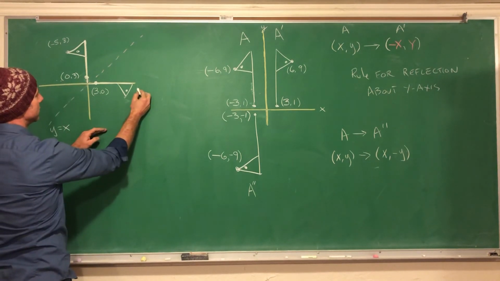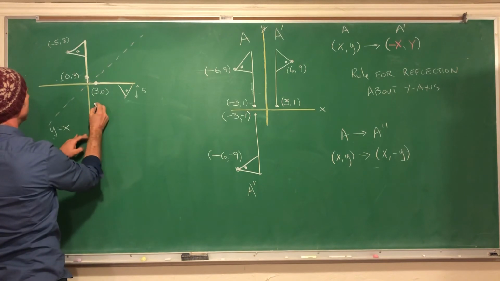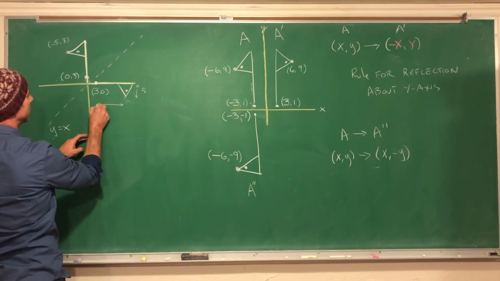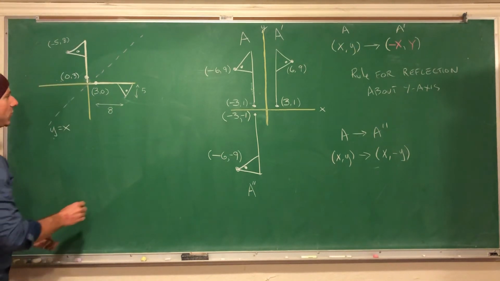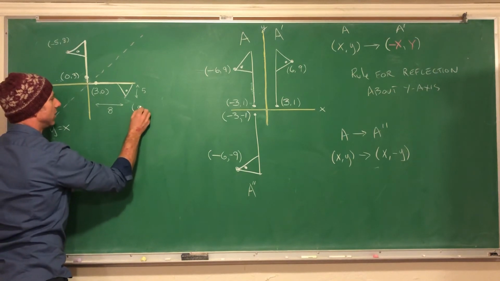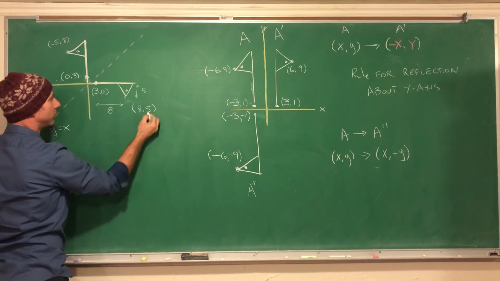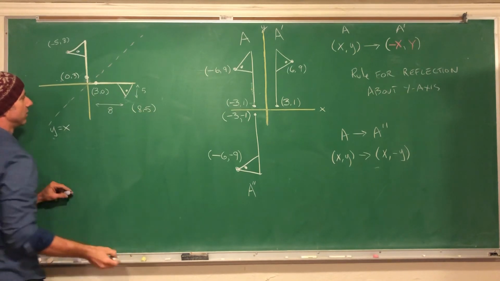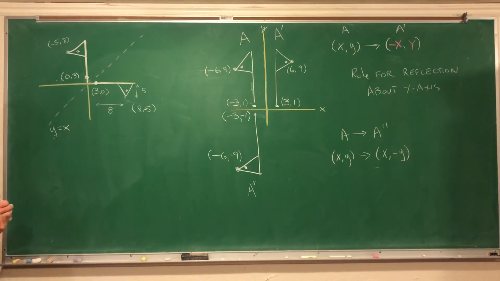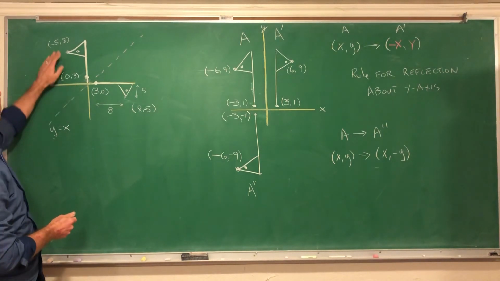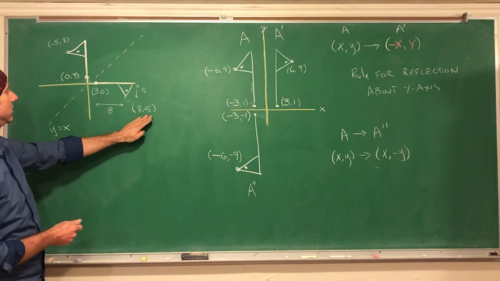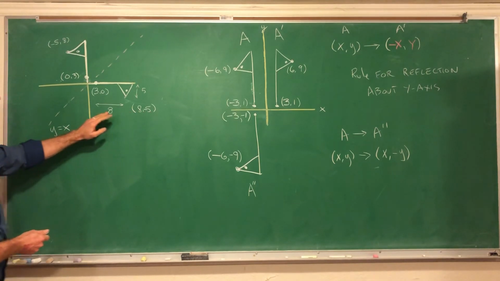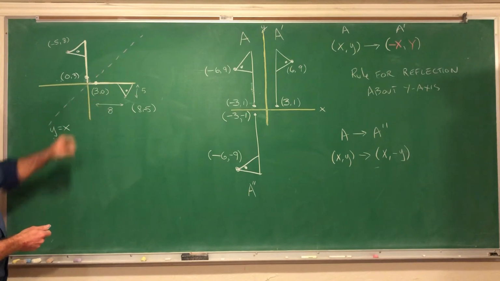So this distance is still 5, and then this distance is still 8, because I didn't change the dimensions of it. So now this point here is going to be 8, 5, but it's going to be a negative right there. Okay? So negative 5, 8. Now it's 8, negative 5. Here it was 0, 3, 3, 0.